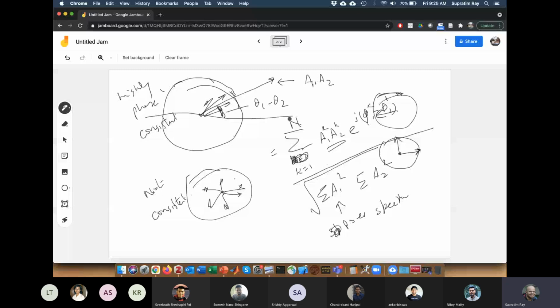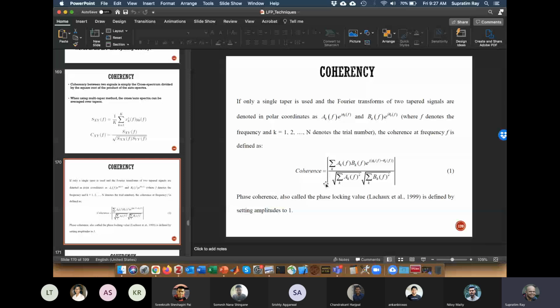When I take the product, I just get a thing that gives an idea of what the phase consistency is across trials, and that's what coherency is.